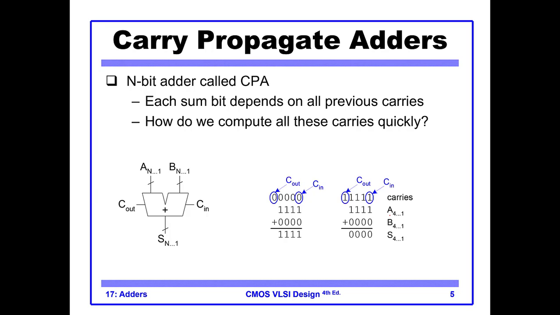So let's see carry propagate adders. A carry propagate adder is an n-bit adder, so it can add n number of bits. So for example, here we have A, which is 4-bit, and B, which is 4-bit, and the carry propagate adder basically allows the carry to go in a ripple fashion from one position to the other position.